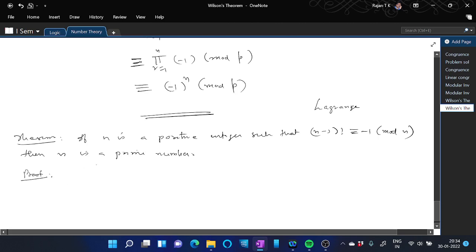Suppose n is not a prime number and n minus 1 factorial is congruent to minus 1 mod n. So let n be a positive integer such that n minus 1 factorial is congruent to minus 1 mod n, and assume n is composite.